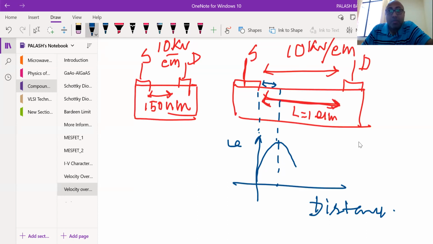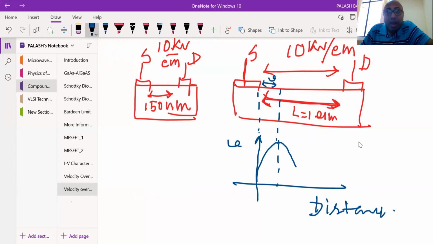But before the electron reaches the drain, up to this length you are getting a high electric field and the velocity is v.